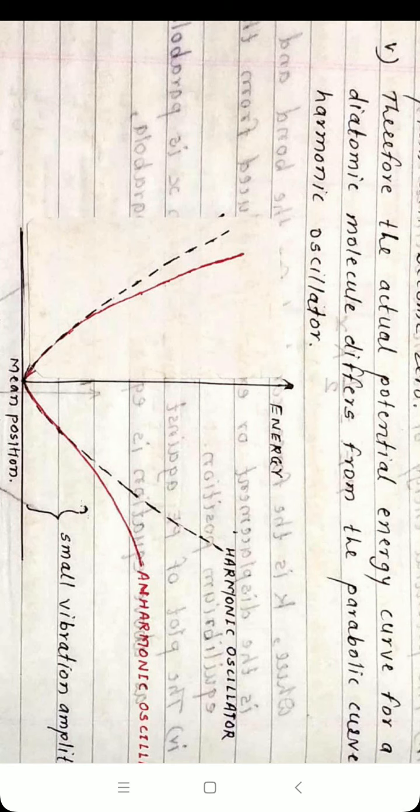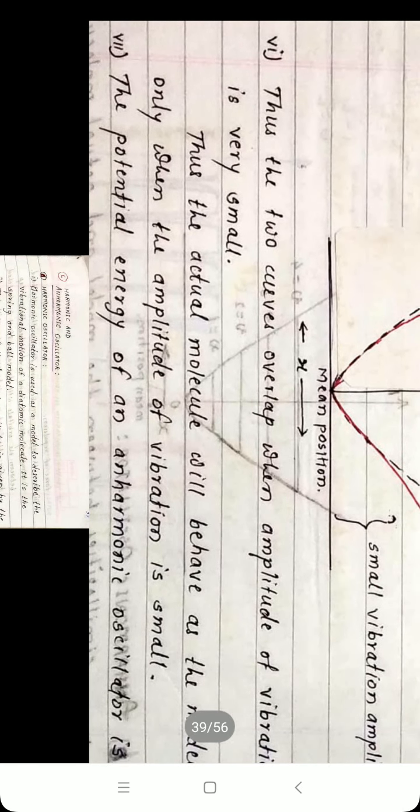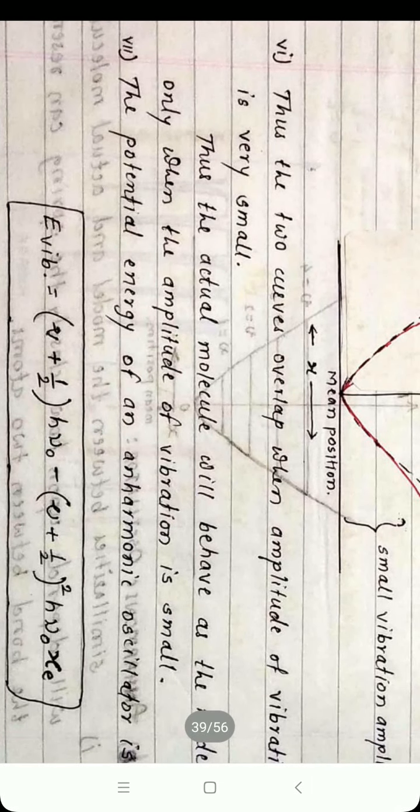But as vibrational motion increases, x increases, and then because of the two problems, the molecule does not behave as the model, and the graphs do not overlap afterward with maximum x. That is the anharmonic nature of vibrational motion in a molecule, known as an anharmonic oscillator.